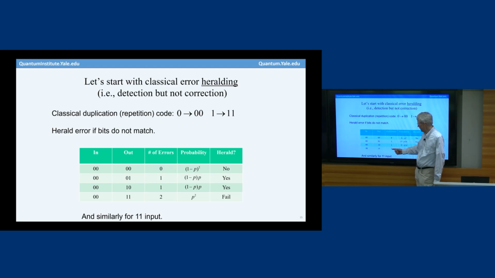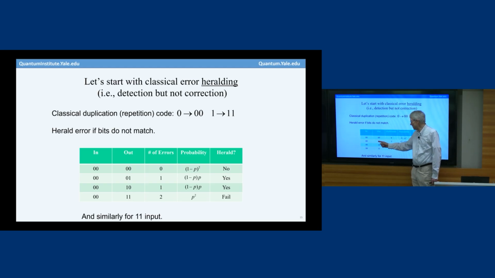In particular here, there are two errors. That looks just like Alice intended to send 1, 1, and there were no errors. So you would fail to even notice that that was an error. If the bits agree, you assume there's no error. But in fact, there could have been 2 errors.